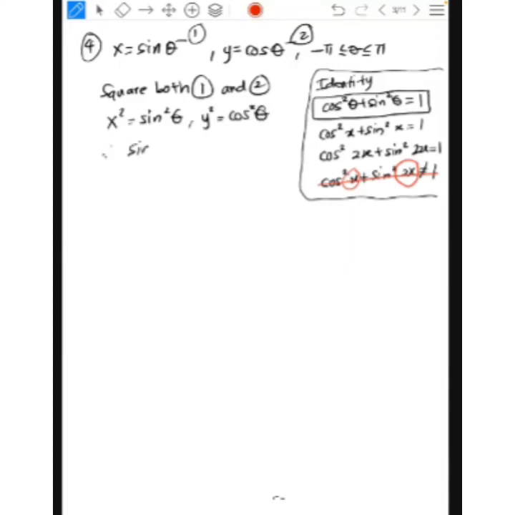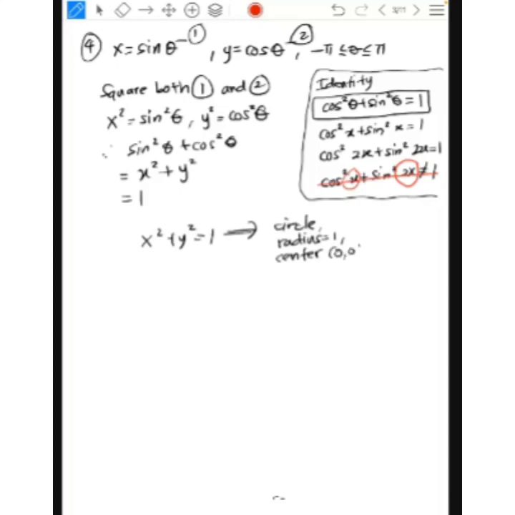Therefore, sine squared theta plus cos squared theta equals x squared plus y squared, which equals 1. So if you have x squared plus y squared equals 1, then you know it is a circle, because it is the equation of a circle whereby the radius is 1 and the center is at (0, 0).